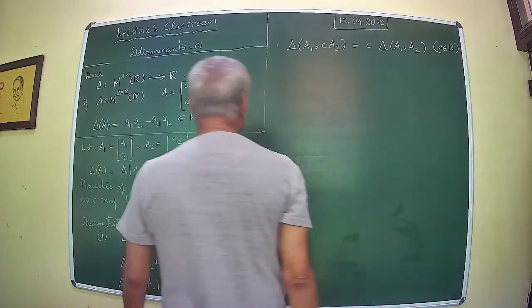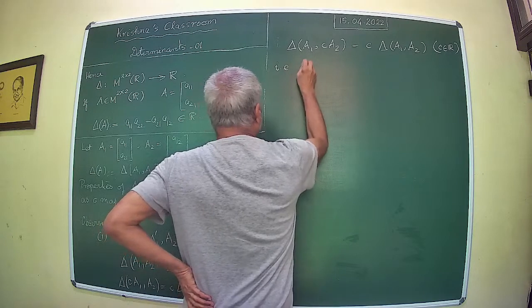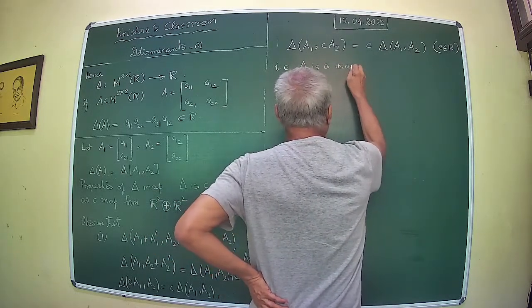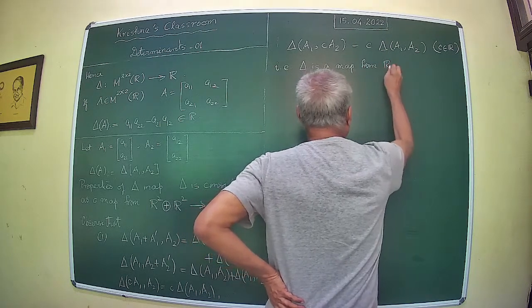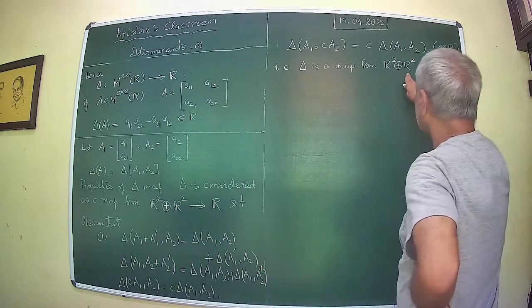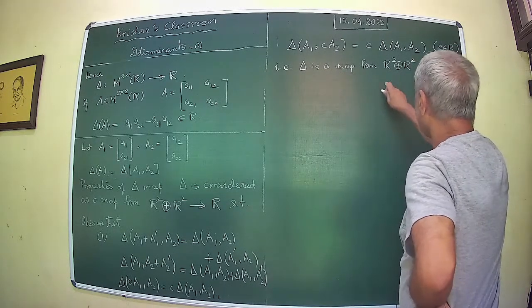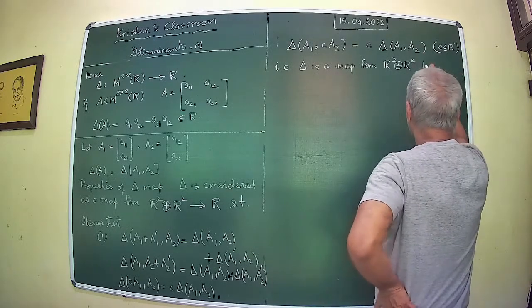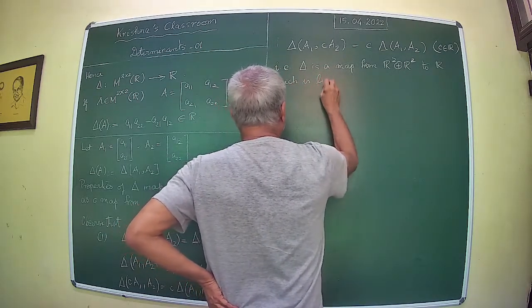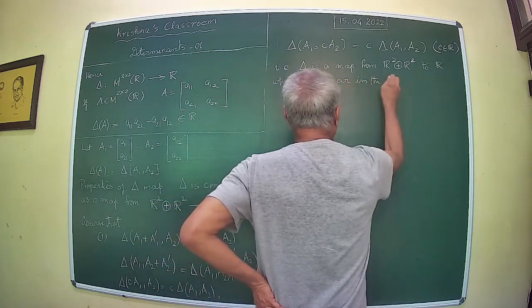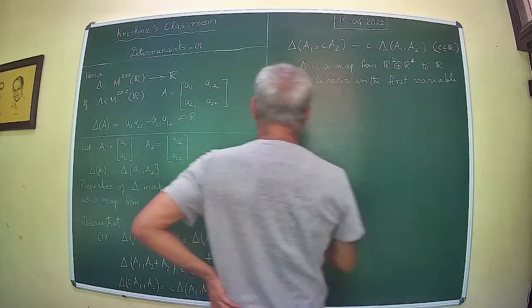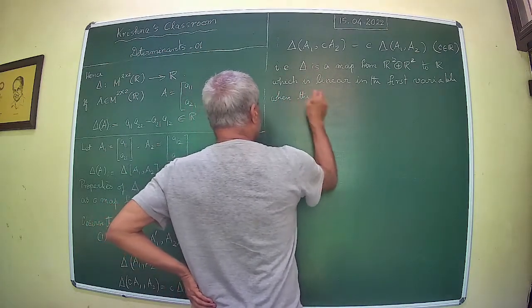Now this property is expressed by saying that delta is a map from R2 cross R2, the direct sum R2 denoted by A1, A2, to R, which is linear in the first variable when the second is held fixed.